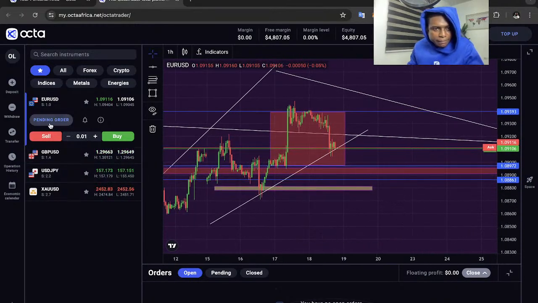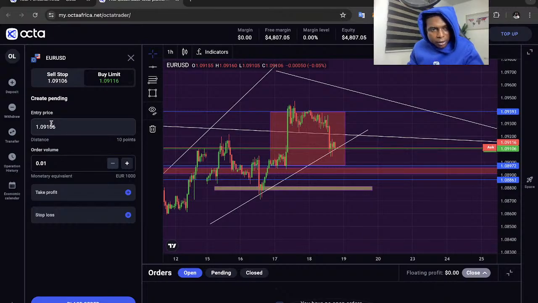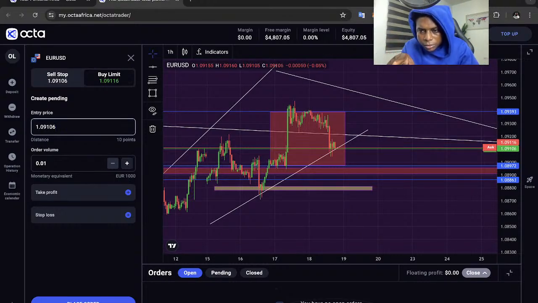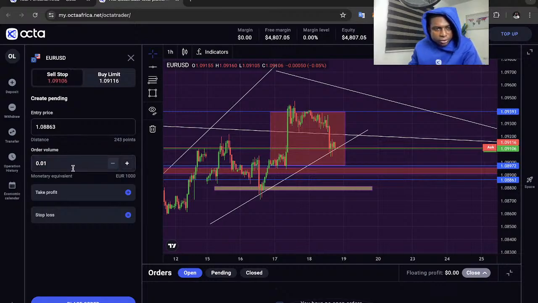Now for selling, I set another pending order. We don't want to sell above 1.08863, so I'll put 1.08863. Good. So that is sell stop.